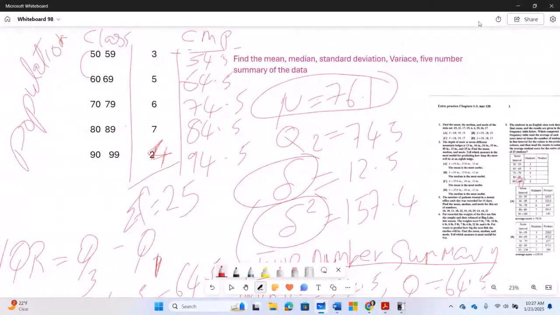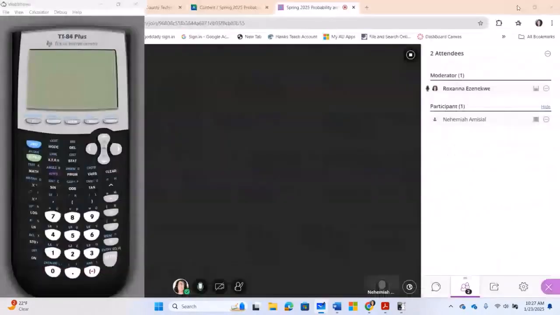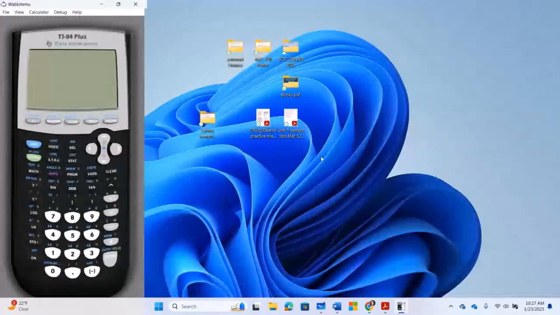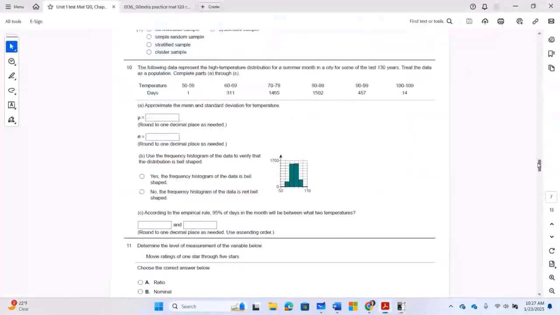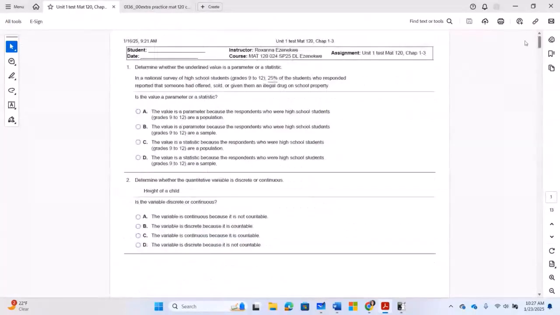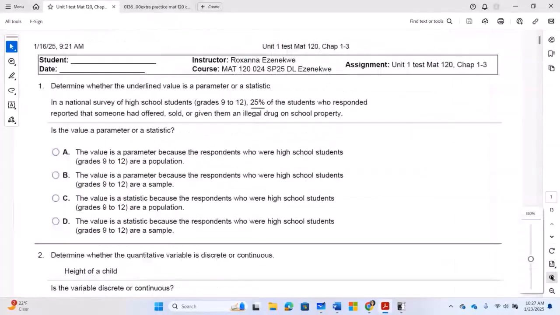So I am now going to pull up the practice test that is in Blackboard. I call this a sample test because it's a sample test from the other class. I will quickly make your own practice test for you. This is a sample test from last year, the Unit 1 test for the class.